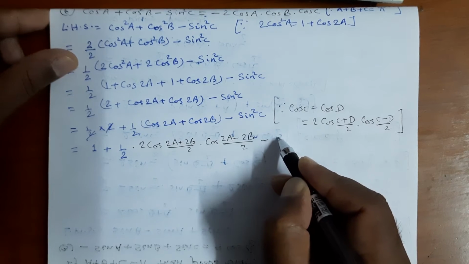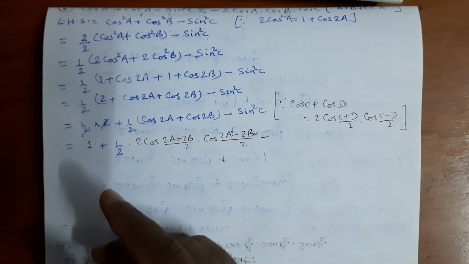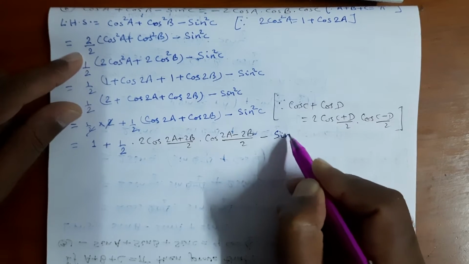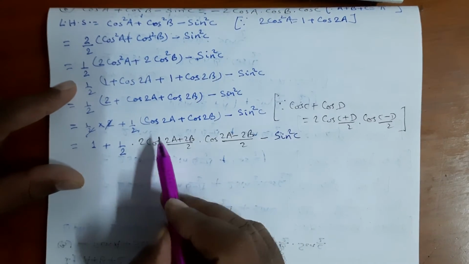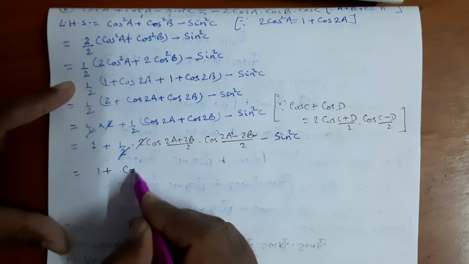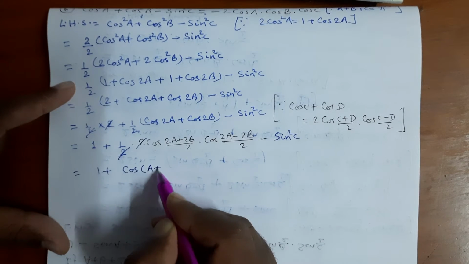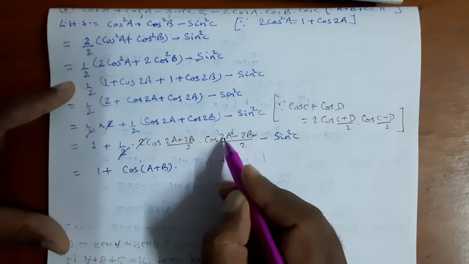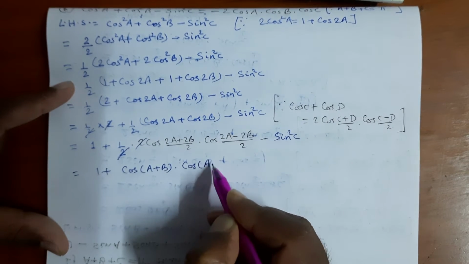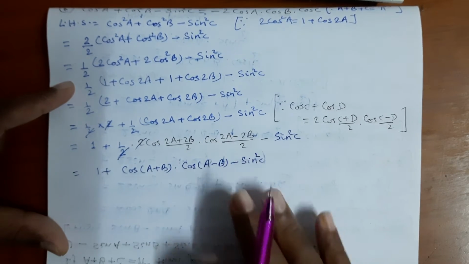Now the 2 and 2 cancel: 1 plus cos a plus b times cos a minus b, minus sin square c.